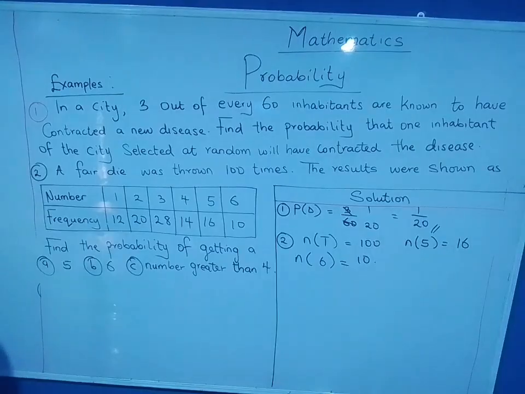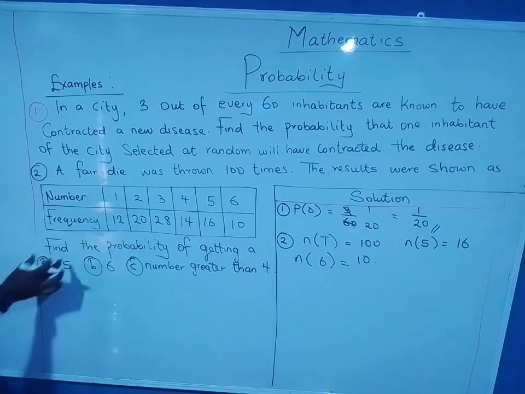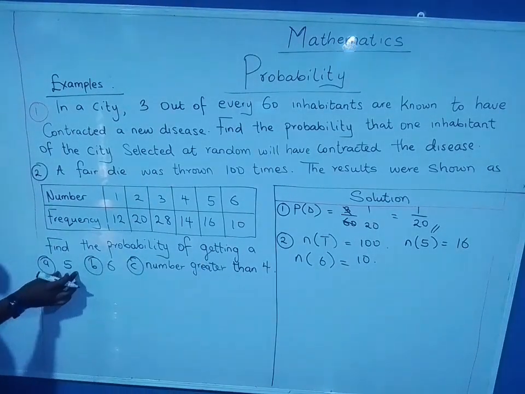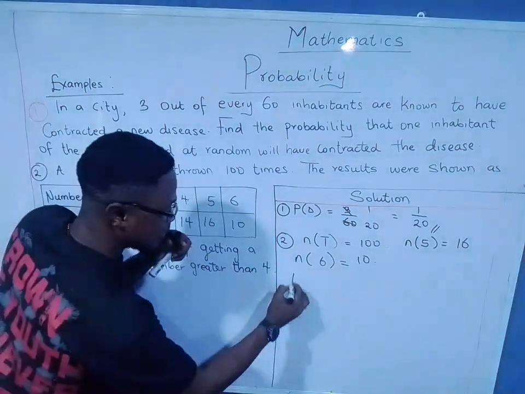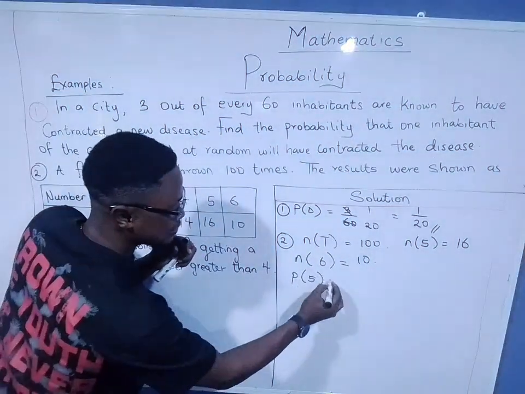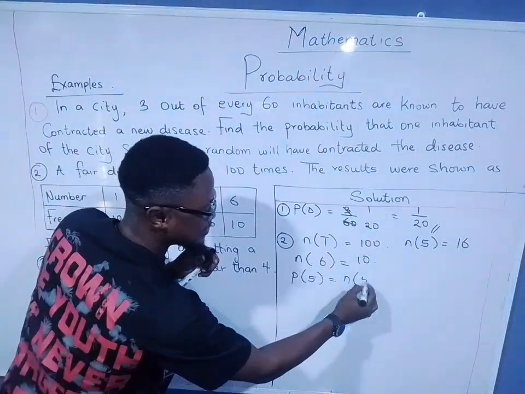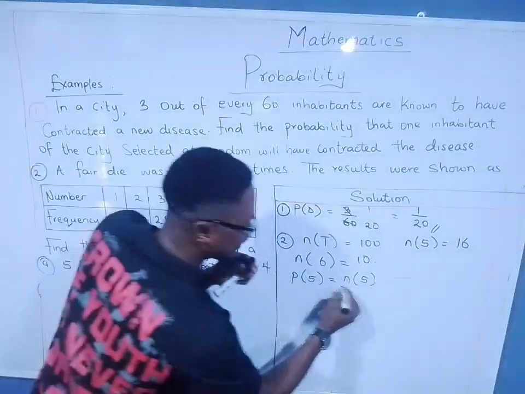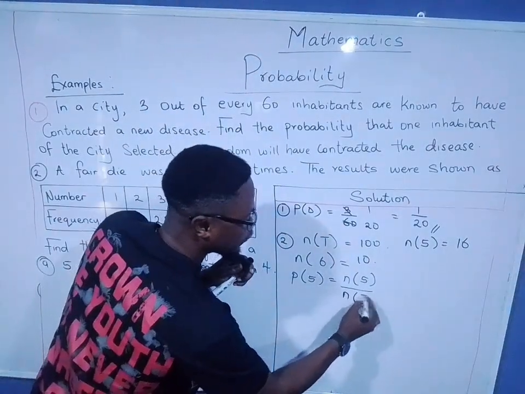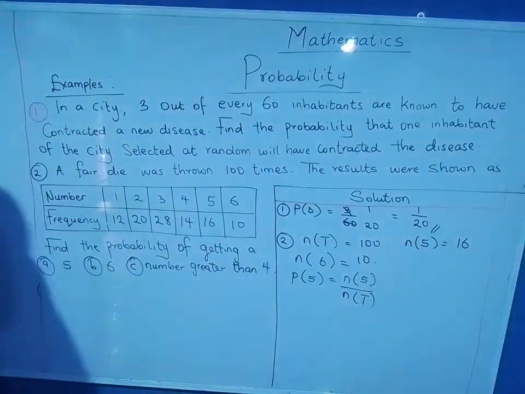When you've written that down, they are now asking, what is the probability that you will get 5? Remember that the probability of getting 5 is the number of times that 5 came out divided by the number of total outcomes. Is that not so?